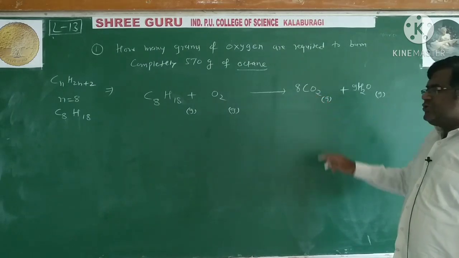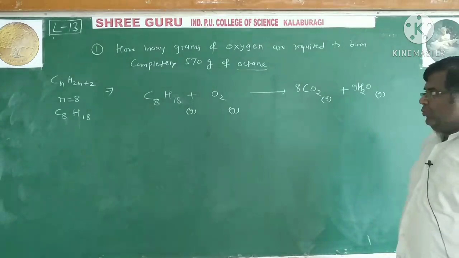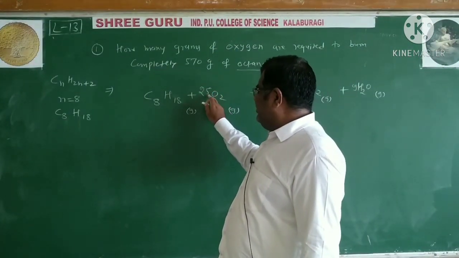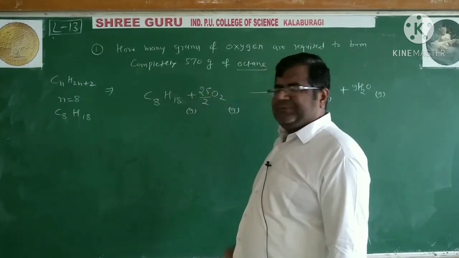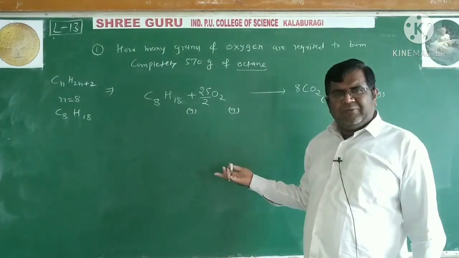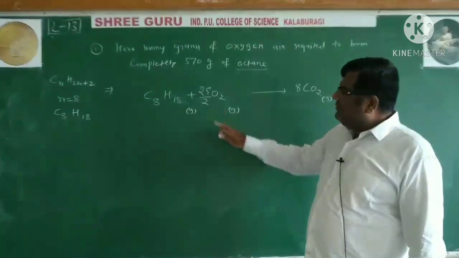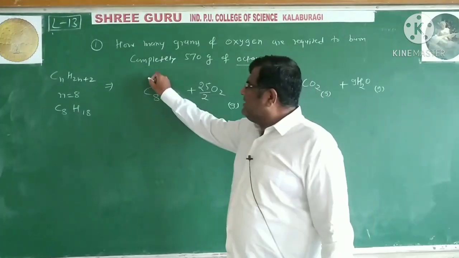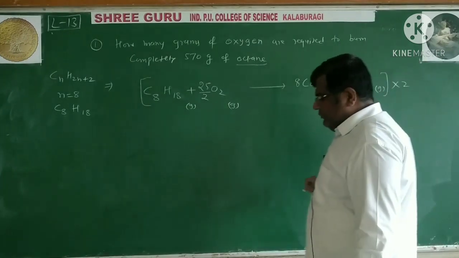9 plus 8 into 2, 16; 16 plus 9, 25. If I write here 25, it becomes 25 into 2, 50. So I will make it half, so that it becomes 12.5 into 2 is 25. We need 25 oxygen atoms only. But as it is divided by 2, we should get rid of this 2 by multiplying the complete equation by 2.